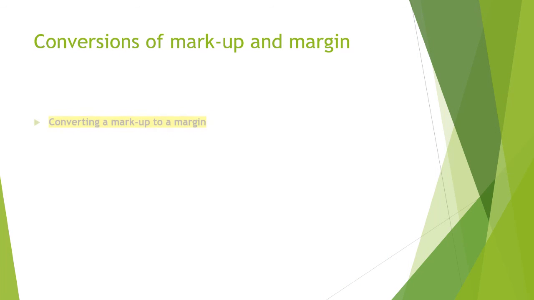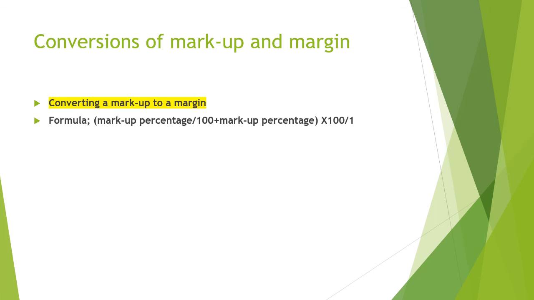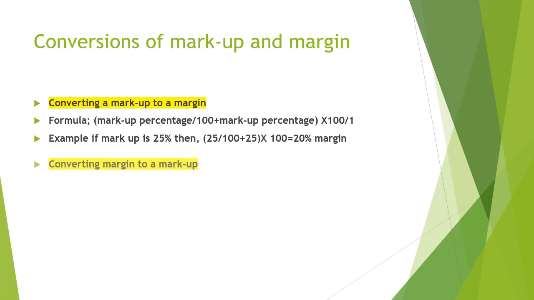Conversions of markup and margin. Converting a markup to a margin. Formula: markup percentage divided by 100 plus markup percentage, multiplied by 100. Example: if markup is 25%, then 25 divided by 100 plus 25, multiplied by 100, is equal to a 20% margin.